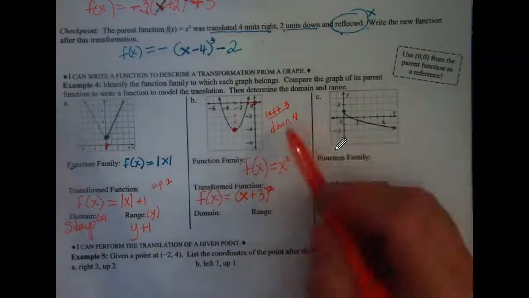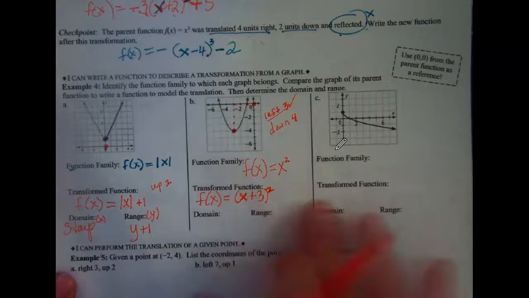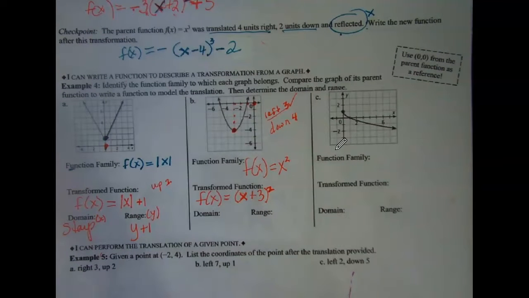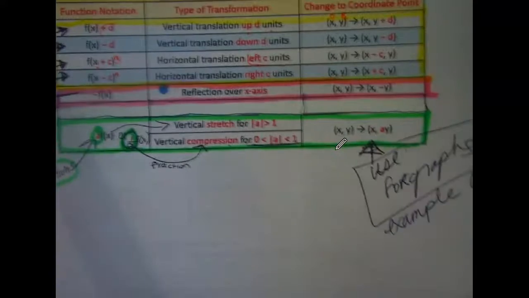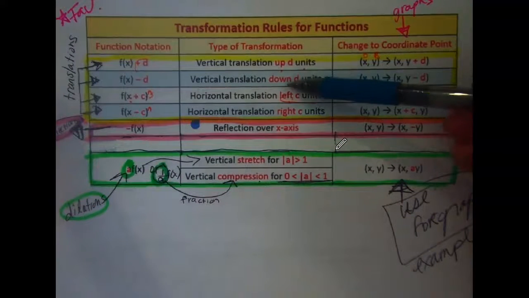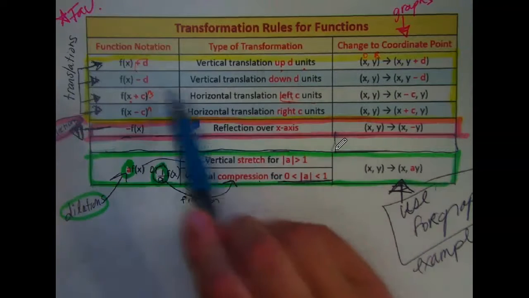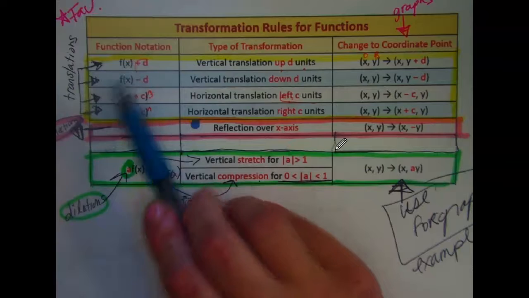Now I'm going to put a little check mark because I found that in the chart. Down 4. So now we have to do one more thing to this transformation function. If we're going down 4, again, I'm going to go in my chart and look at down 4, up, down. So down a certain number of units. We're going to go down 4. So I'm going to go over here and see, it looks like it's all out by itself.